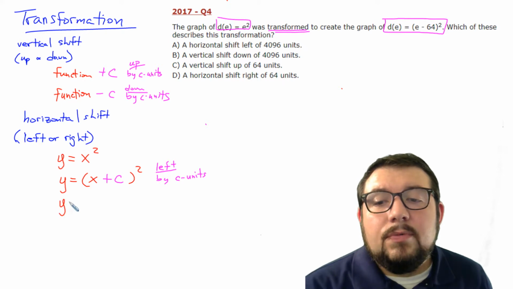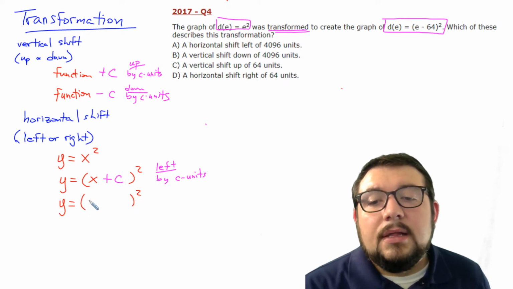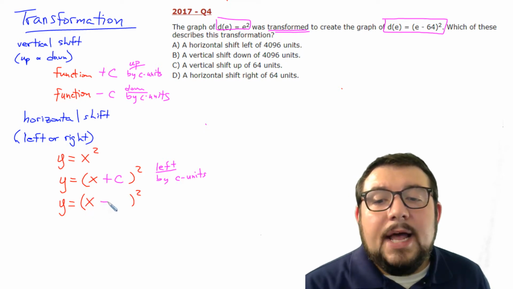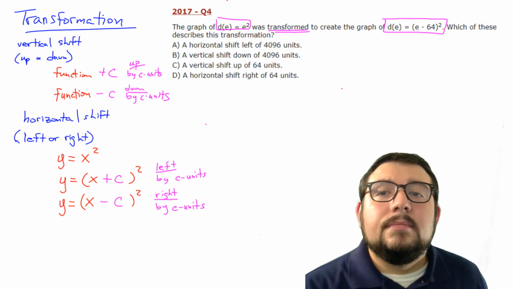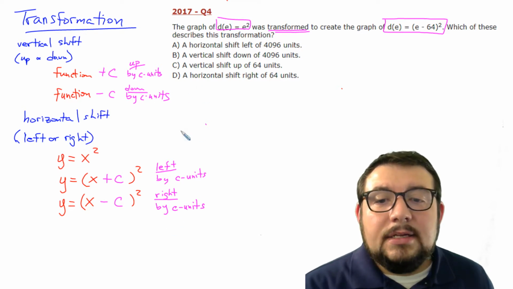Okay, well, what if I put y equals, I replace the x with parentheses, then the x returns to the parentheses, and I go minus c. Well, what do you think will happen? Well, it's going to move to the right by c units. Okay, so there you go. That is how you can check the transformation of a function.